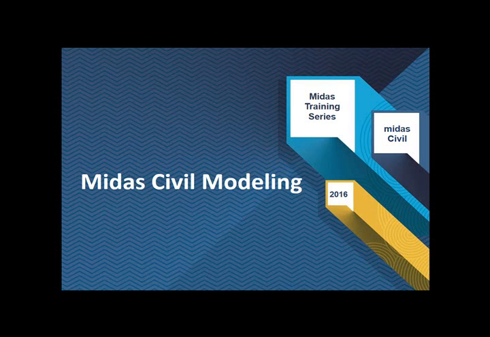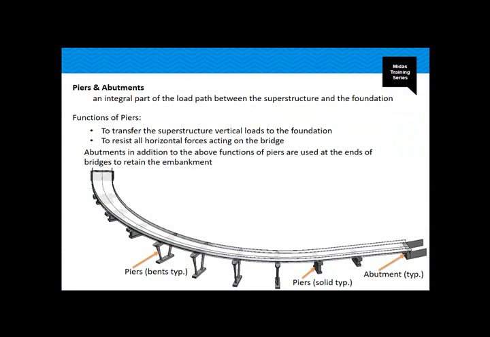Now, going into the modeling itself using the program, let's talk a little bit about the piers, abutments, and bearings, which are the three main things of the substructure. As I mentioned in the last presentation, piers and abutments are an integral part of the load path between the superstructure and the foundation.